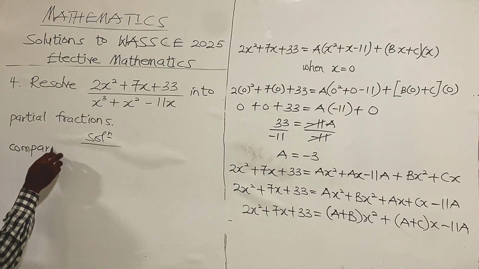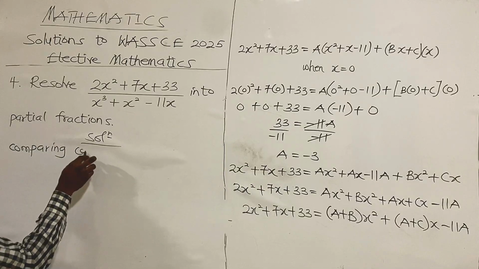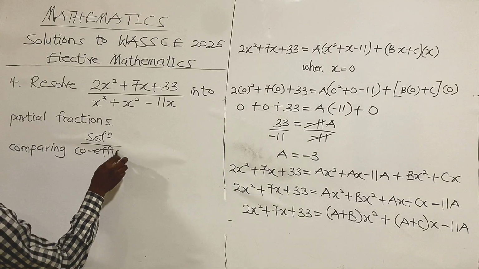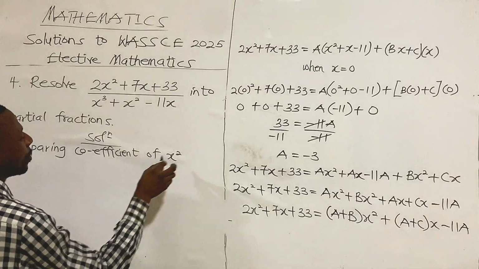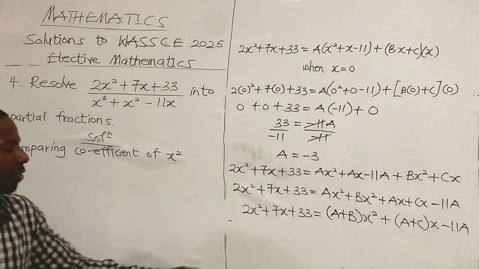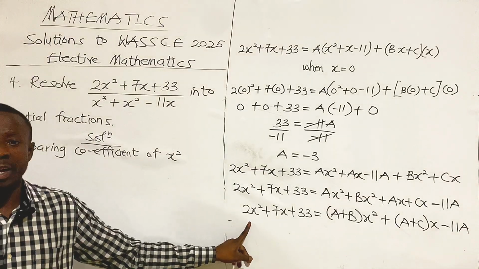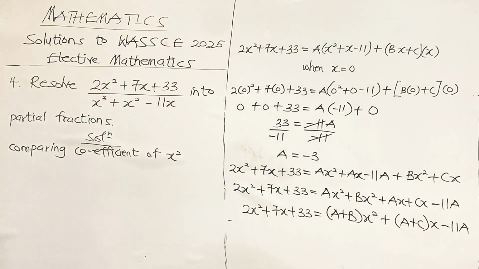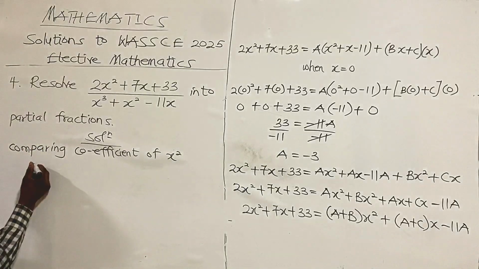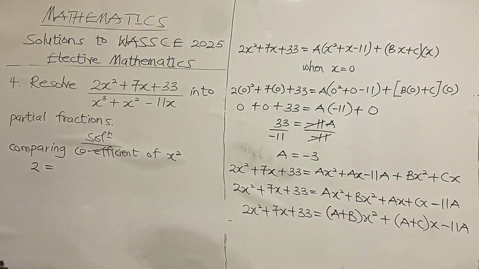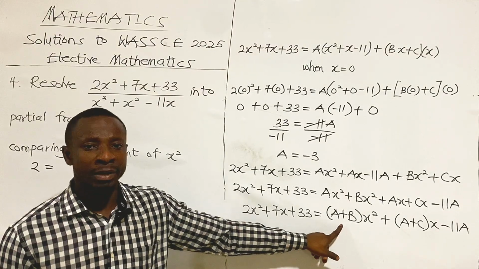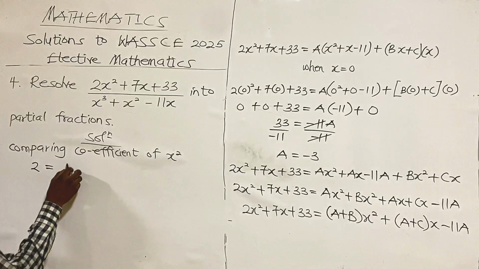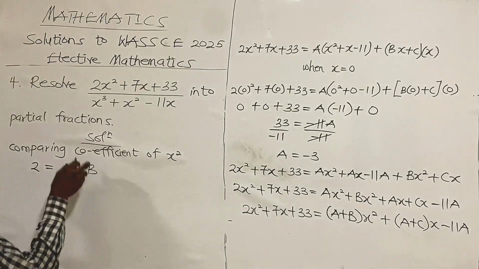Comparing coefficient of x squared. So from here, the coefficient of x squared is 2. So we have 2, which is equal to, and from here, the coefficient we have here is a plus b. So it's equal to a plus b.